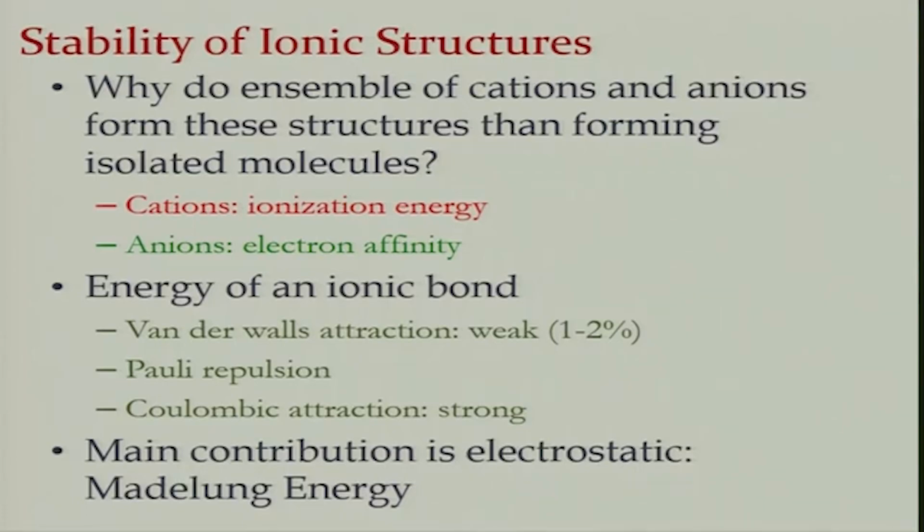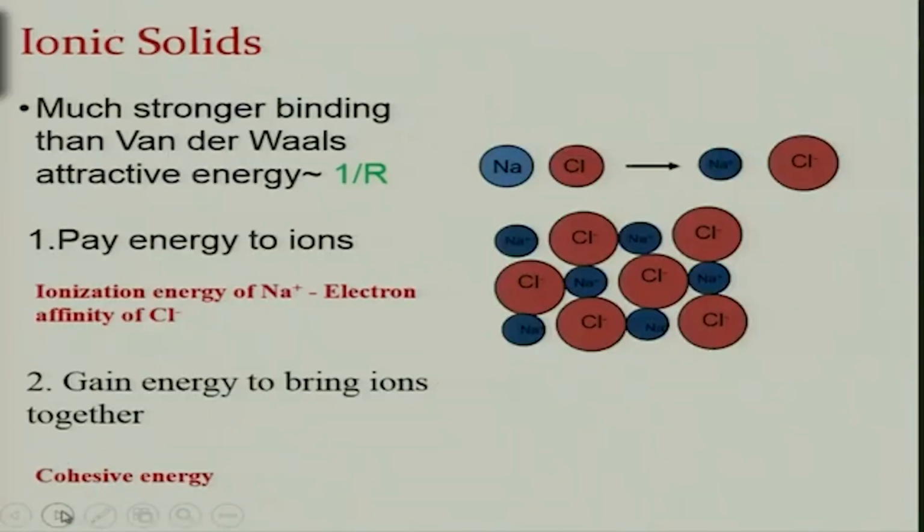And then there is a Coulombic attraction because you have positive and negative ions, which is very strong. And the contribution to this bonding is mainly electrostatic in nature, and it is generally defined as the energy which is called as Madelung energy. So, how is this energy arrived at? So, in ionic solids, you take, for example, sodium and chlorine together.